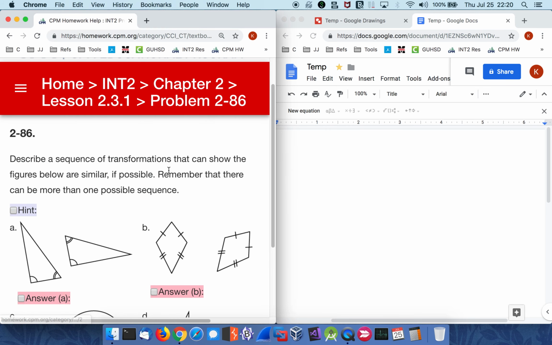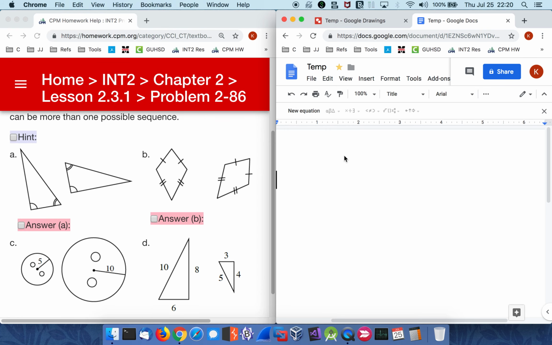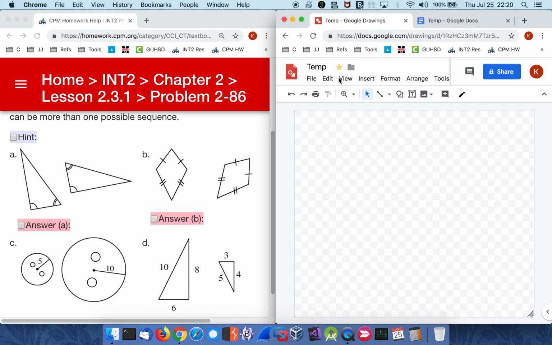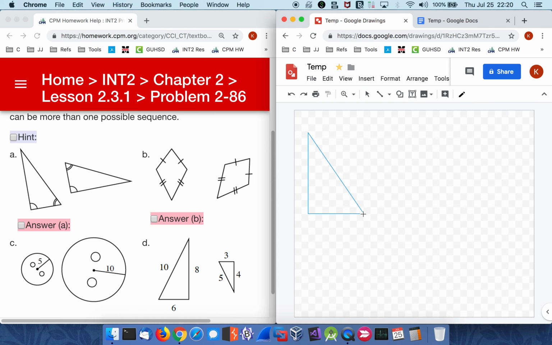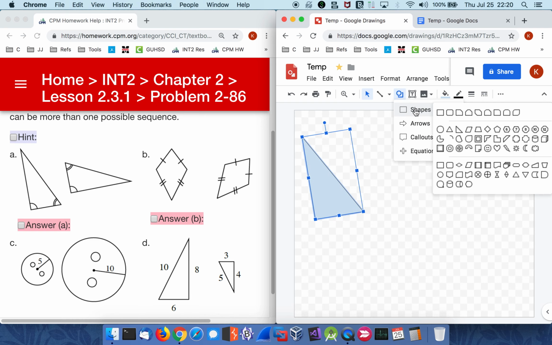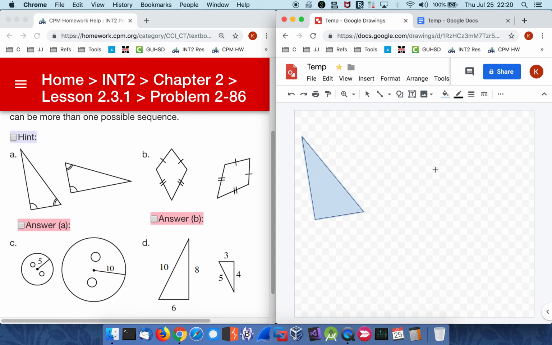That's going to make this one a little bit tricky, only because we might not know if we got the same answer as they did, so it's a little hard to tell if we're right. But okay, so let's see. So we've got a triangle here, and I'm going to try and make it match their triangle. Okay, and then we've got another triangle.